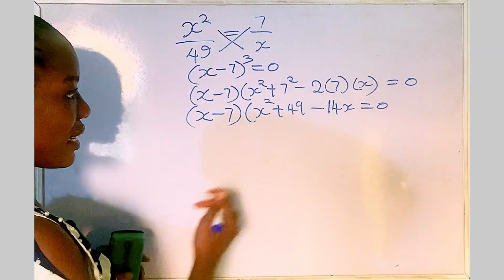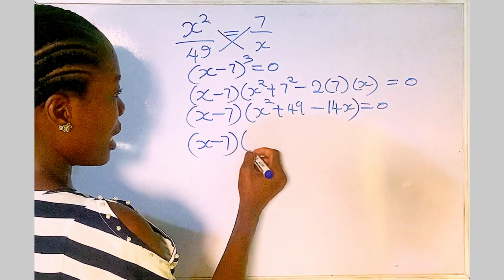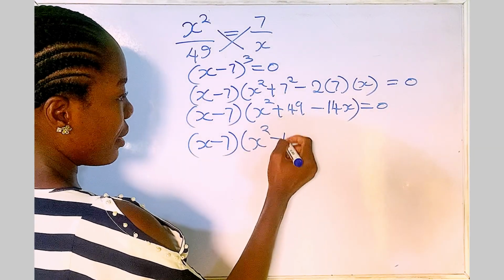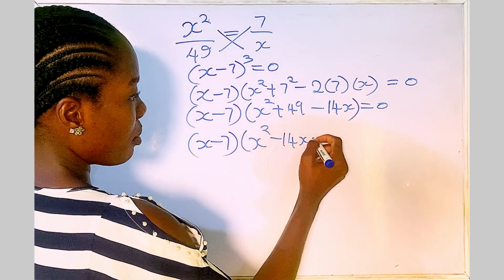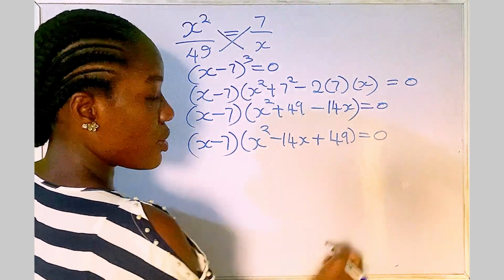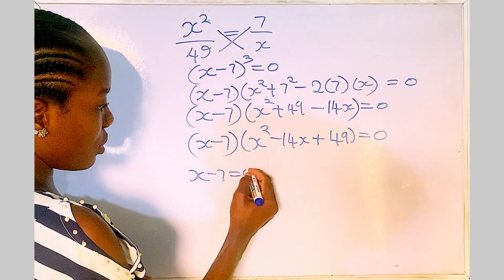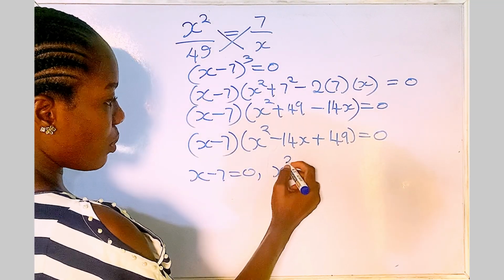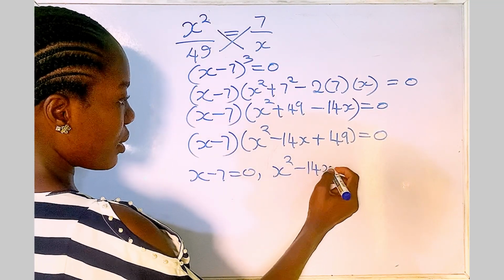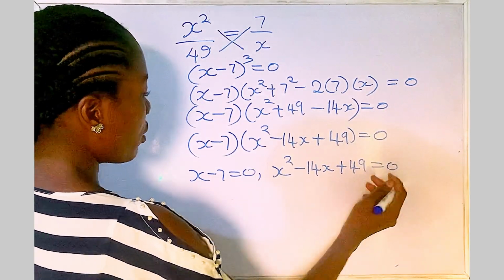So let's write this in a better way. This is x minus 7, and we'll have x squared minus 14x plus 49 is equal to 0. Okay, so this is x minus 7 is equal to 0, or x squared minus 14x plus 49 is equal to 0. So let's solve this.